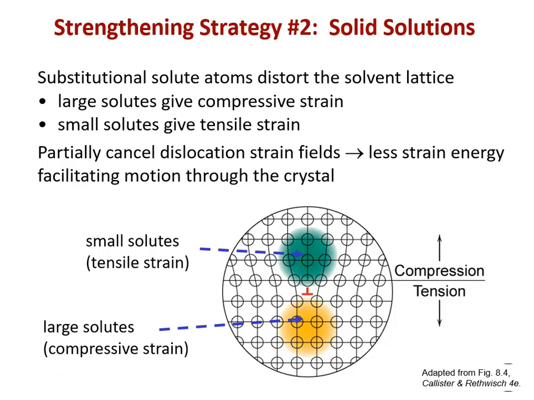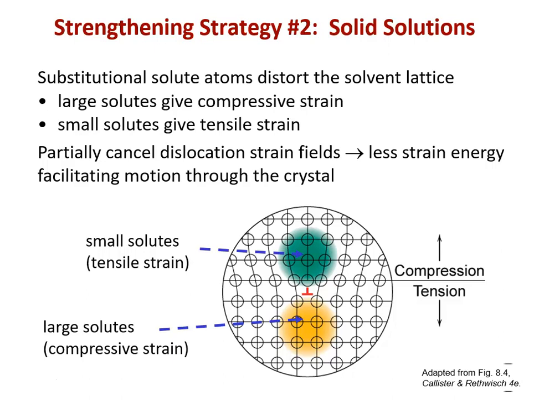When we discussed dislocations as line defects, we hit on the point that by jamming that extra plane of atoms in, we had created a state of compression above the end of the dislocation plane and a state of tension immediately below it. We can combine the induced stress states from solutes with the strain fields of dislocations and kind of get them to cancel out.